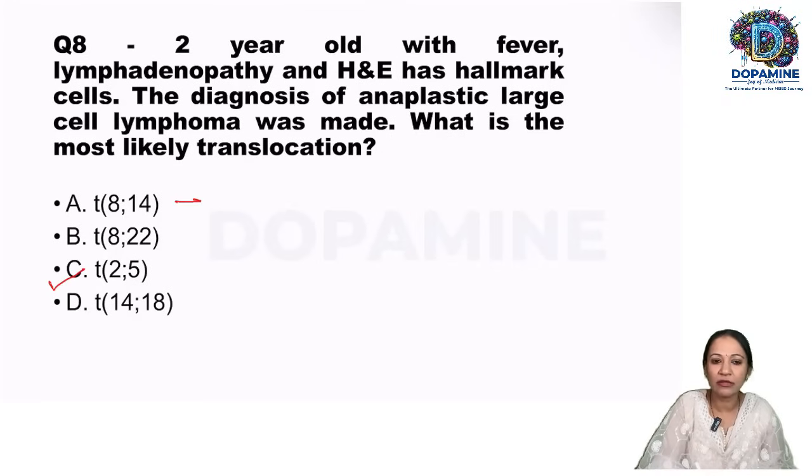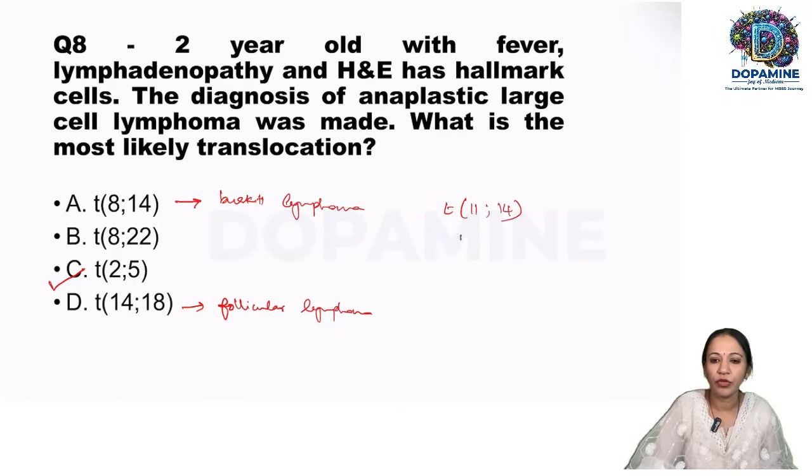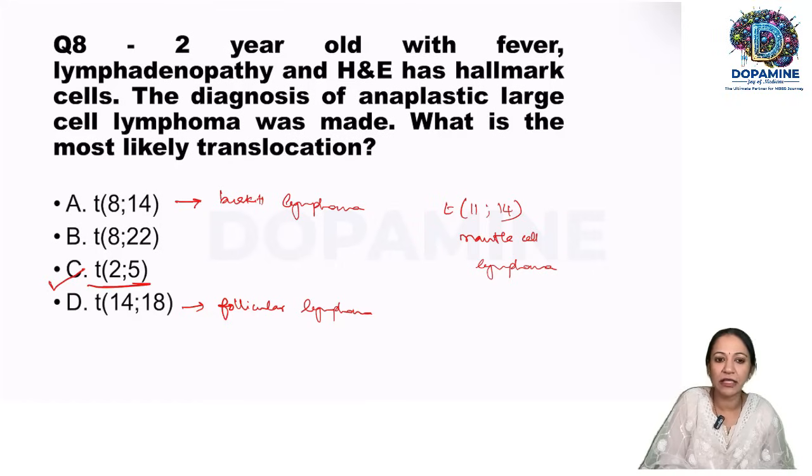What is 8;14? It is again Burkitt lymphoma. This 14;18 is our favorite, follicular lymphoma. And we'll always recall 11;14, which is mantle cell lymphoma. 2;5 is anaplastic large cell lymphoma.